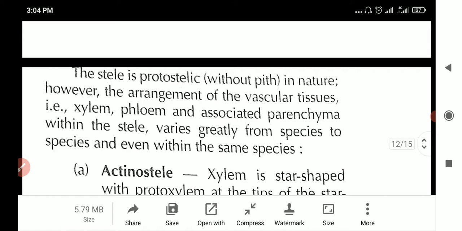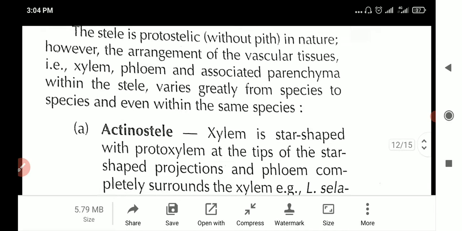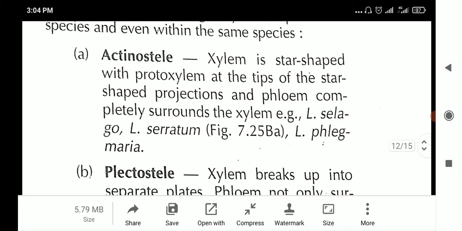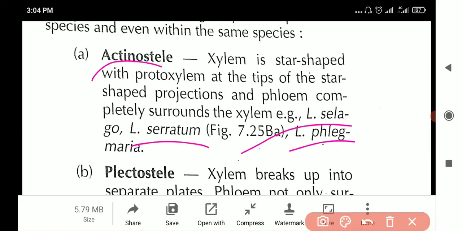But as I showed you, the vascular tissues, that is xylem and phloem, show different arrangement in different species of Lycopodium. So they are showing like a star, actinostele. In the case of cernuum, Selago, Phlegmaria, you remember only one, like a star, you remember only Selago. So here the actinostele, the xylem is star shape.